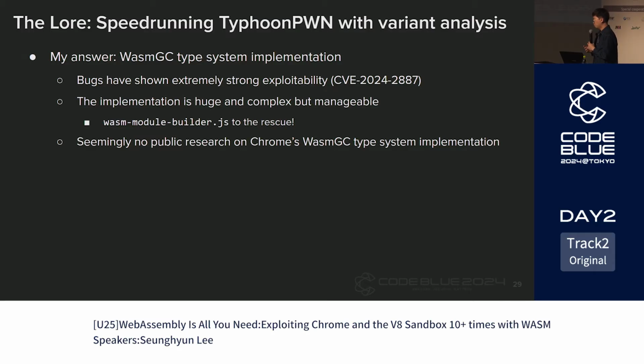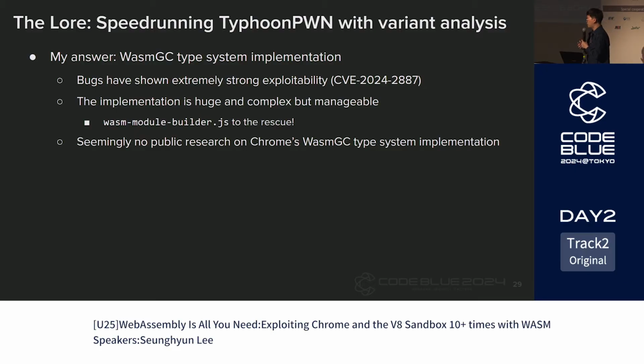As we've seen in the previous bug by Manfred Paul, the bugs have shown extremely strong exploitability. And the implementation is very huge and complex, but still manageable. A better thing is that we have this helper script, a WASM module builder, which you can just use to create WebAssembly modules systematically.